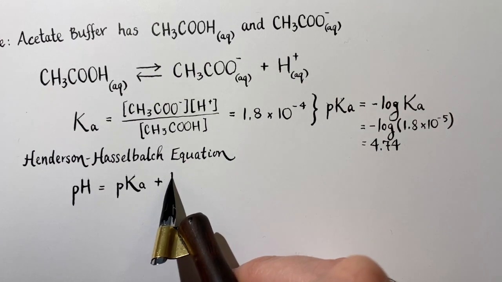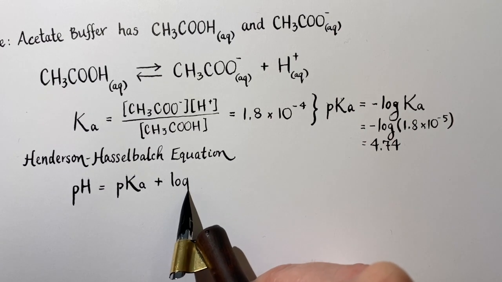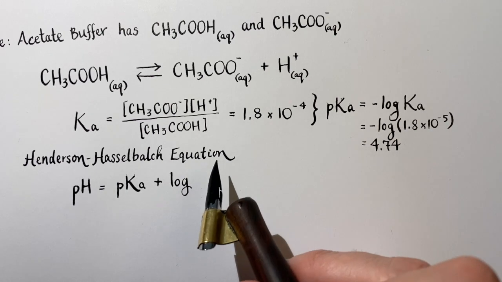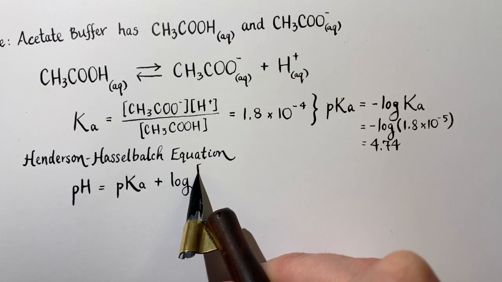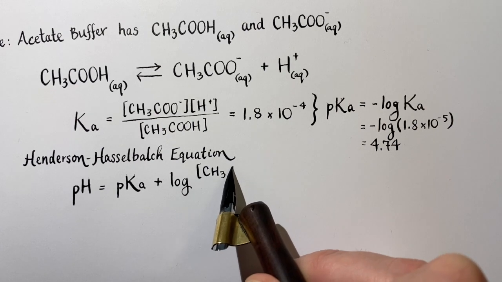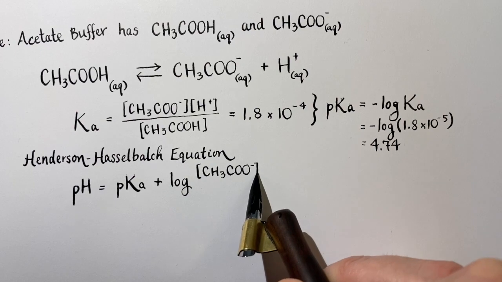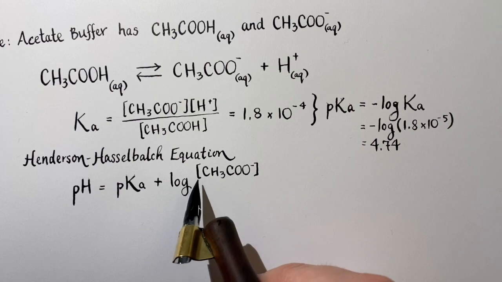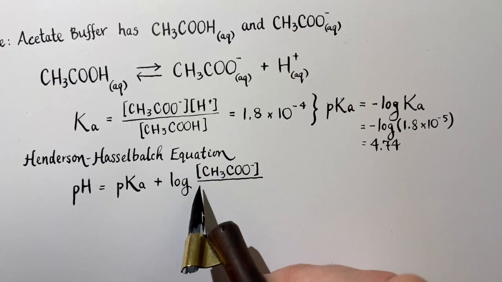And this equation can be derived pretty easily, by the way. I'm just not going to do it here because we want to get more quickly to the point. Okay, so this is going to be a ratio of the conjugate base. Okay, that's up in here in the numerator. And then this is a ratio with the denominator, the concentration of the acid.